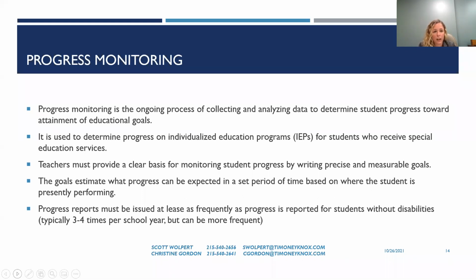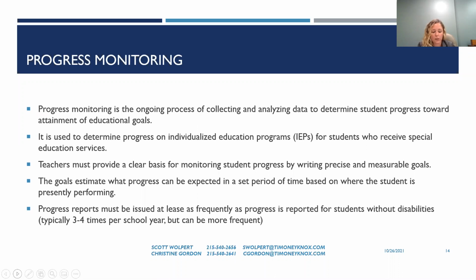As your child is working toward meeting those goals, members of the IEP team, like the case manager, special education teacher, and related service provider, will regularly conduct ongoing progress monitoring of how your child is performing on those goals. They do this by using short tests or asking the child to complete a task independently. There are curriculum-based assessments. There are different progress monitoring tools.